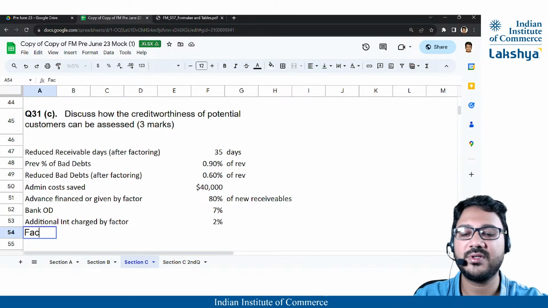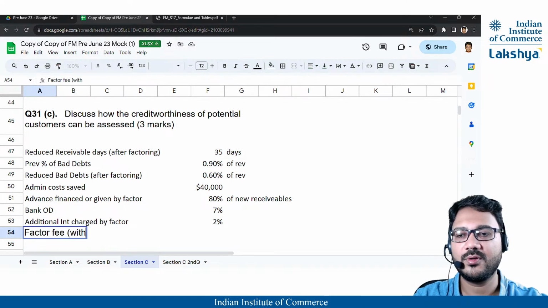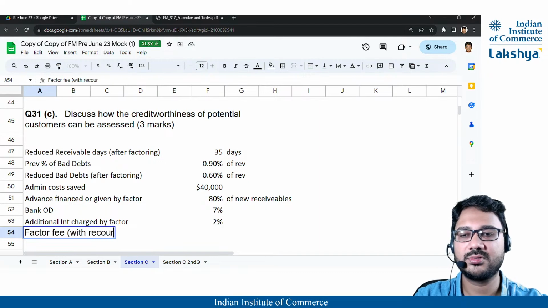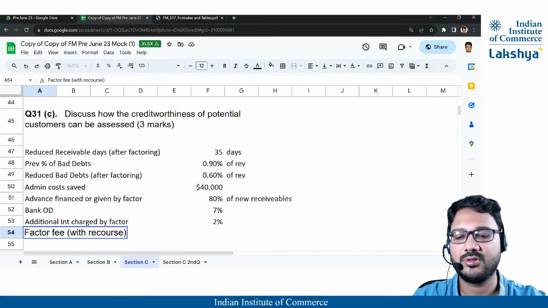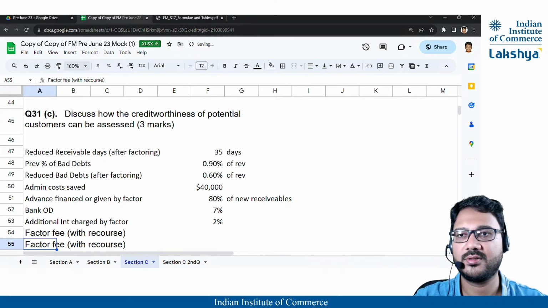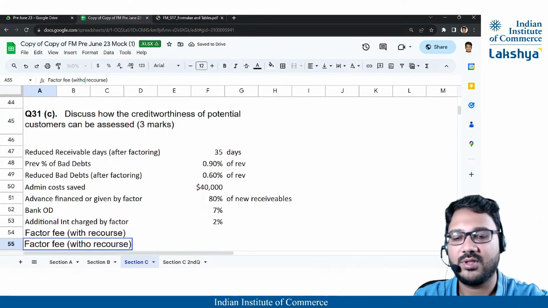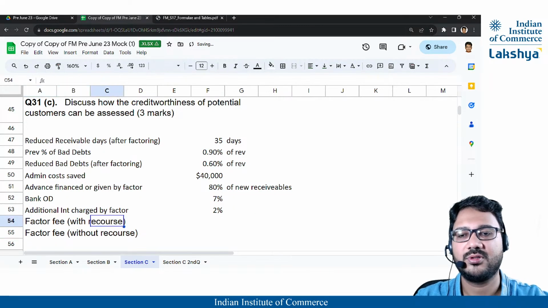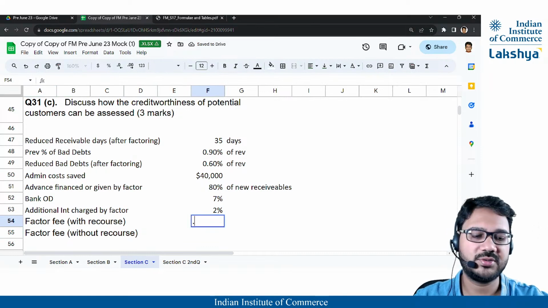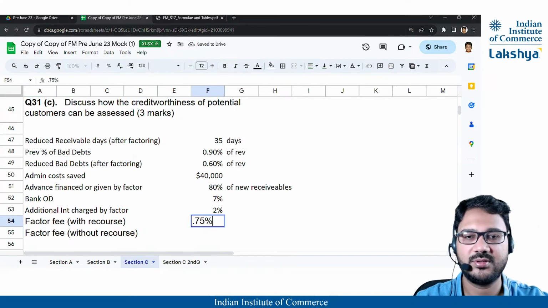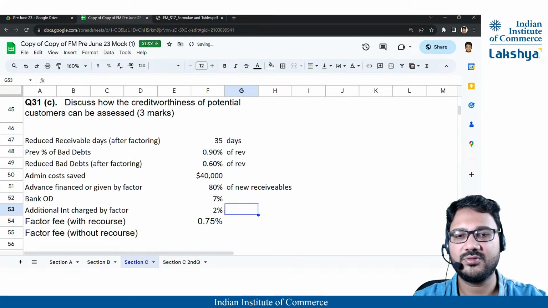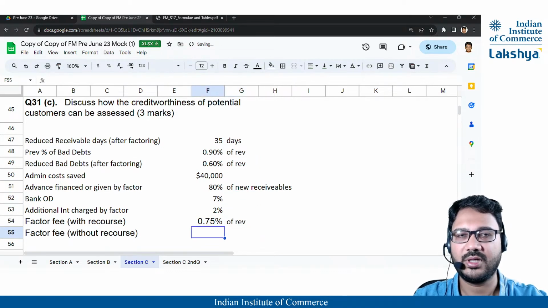So the factoring fee with recourse is 0.75% of the revenue, and without recourse it is 1.25% of the revenue.